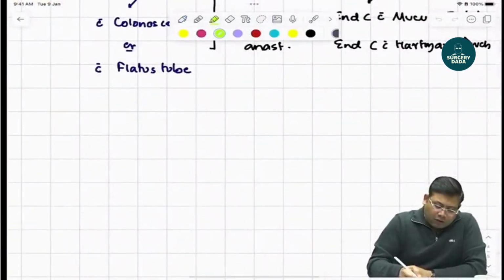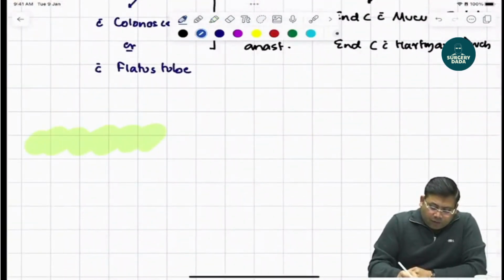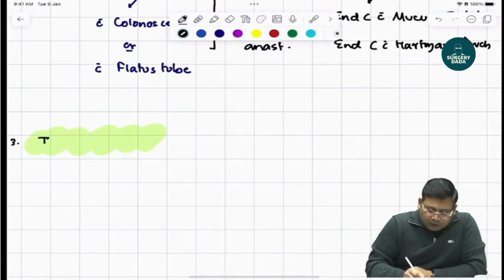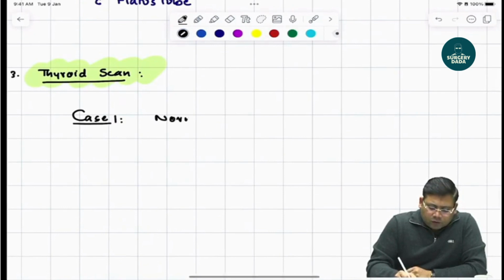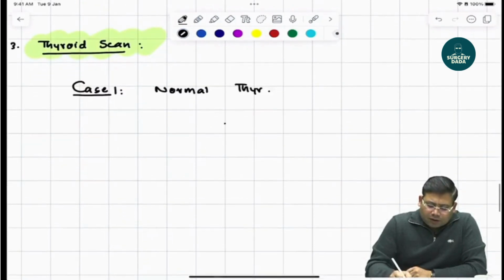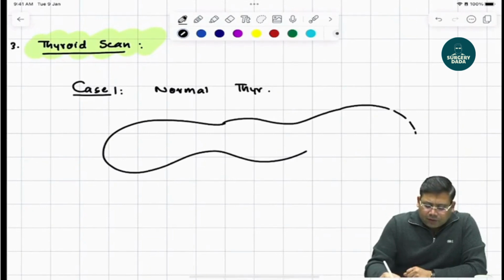So whenever we talk about the thyroid scan, what are the important things that we need to understand? So thyroid scan, case 1. For a normal thyroid, what is the classical appearance that we shall be getting?